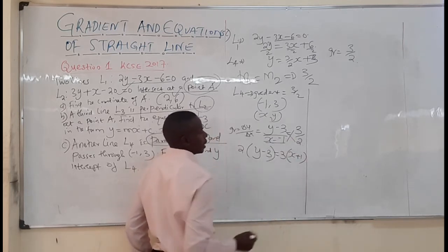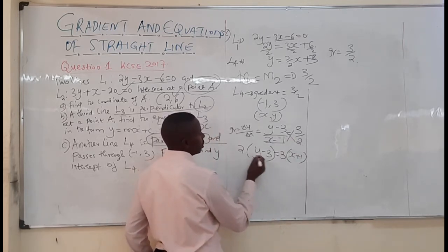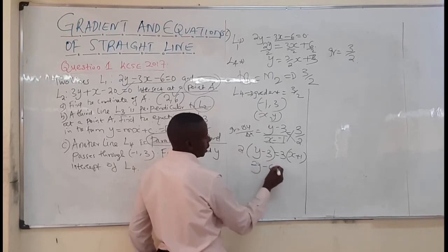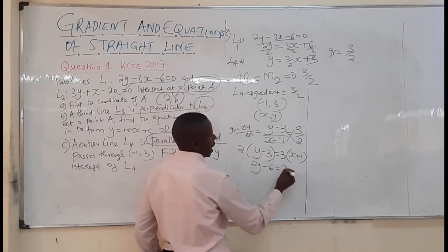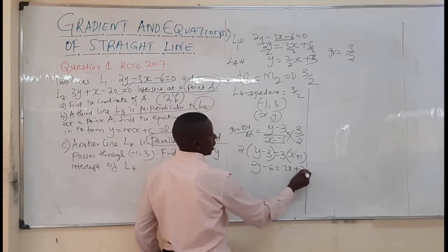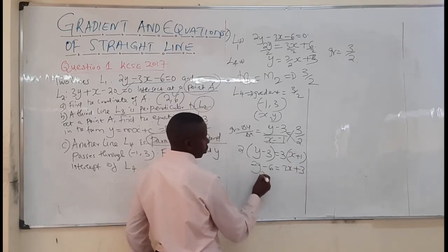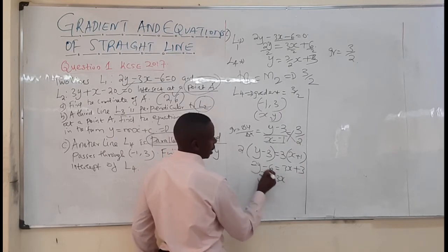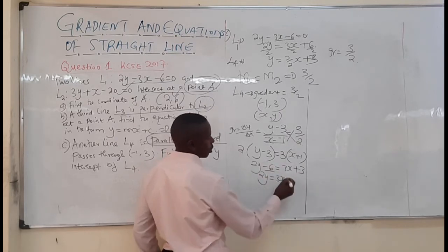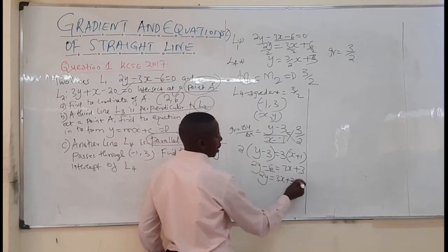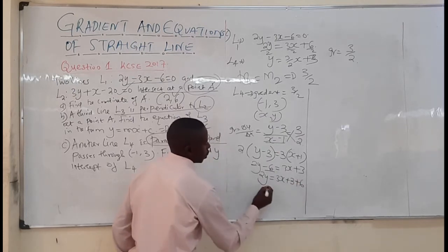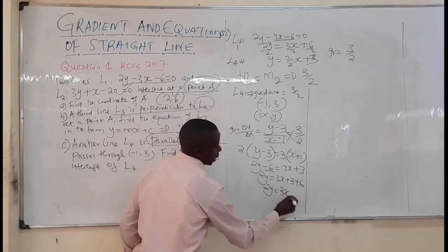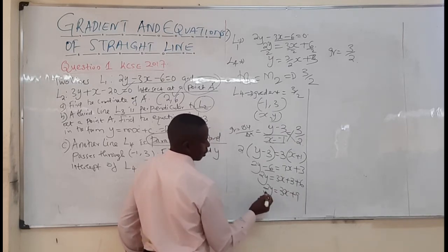Minus by minus is plus. So you multiply this out, you get 2y minus 6 is equal to 3x plus 3. Then 2y is equal to 3x, and minus 6 goes to the other side as plus 3 plus 6. So 2y is equal to 3x plus 9, divided by 2.